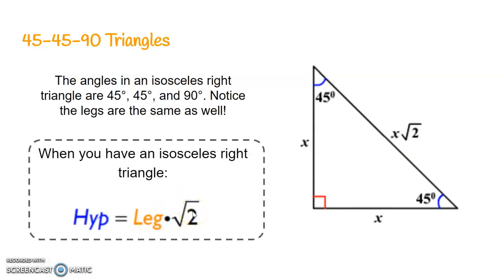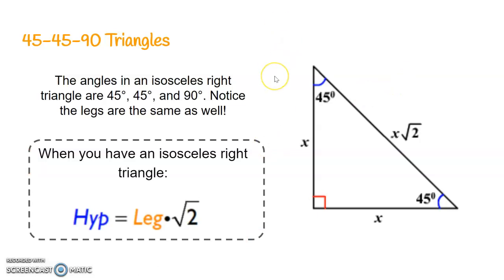So in your warm-up, you had 2, 2, and 2 root 2. You had 7, 7, and 7 root 2. So we're going to use this formula to help us determine the lengths of 45, 45, 90 triangles, which will save us a ton of time from having to do the Pythagorean theorem every single time.